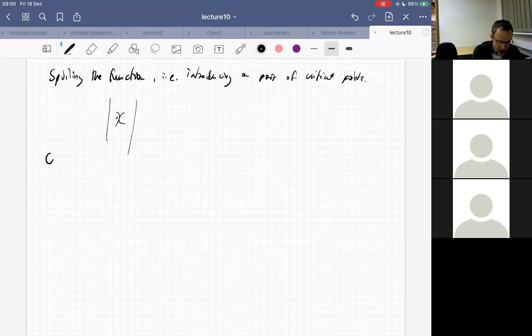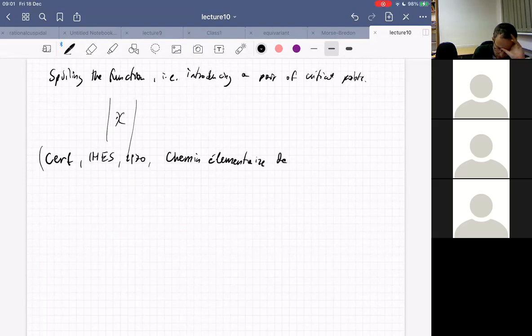But actually for this part, I prefer as a reference the paper of Cerf in IHES. It's, I think, 1970. The subsection on, the key part, the paper is in French, chemin élémentaire de naissance.